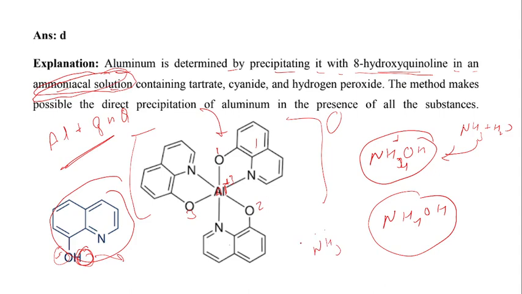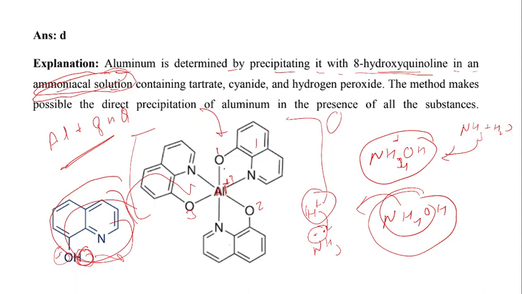The nitrogen in ammonia has one lone pair of electrons, so the hydrogen ion will be attracted by this lone pair, and the ligand will be converted to a negative ion. That's why we are using ammoniacal solution. This ammonium hydroxide will again give ammonia, and this ammonia will remove hydrogen ion from 8-hydroxyquinoline. Finally, this negative ion will react with aluminum and make the complex.